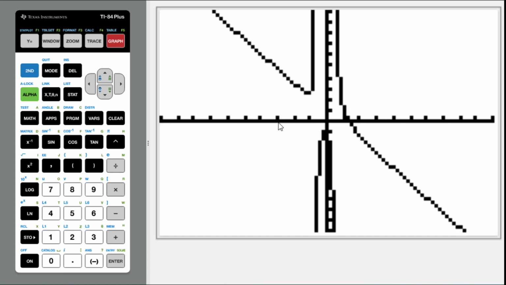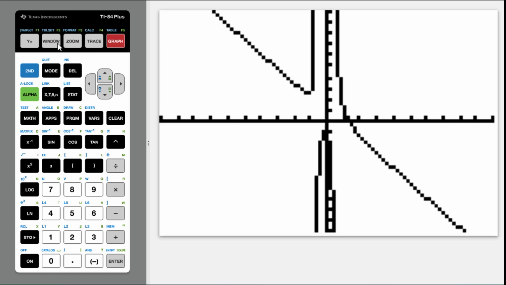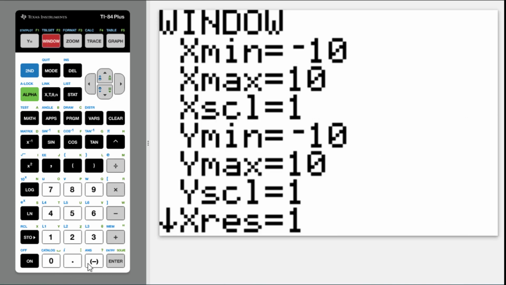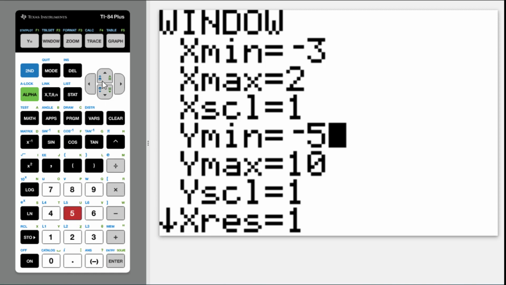So we can change the window for the x-axis from negative 3 to 2. Then we need to change the window for the y-axis so that we can find all roots. So change window, negative 3, 2. Let's do negative 5 and 5. Graph.